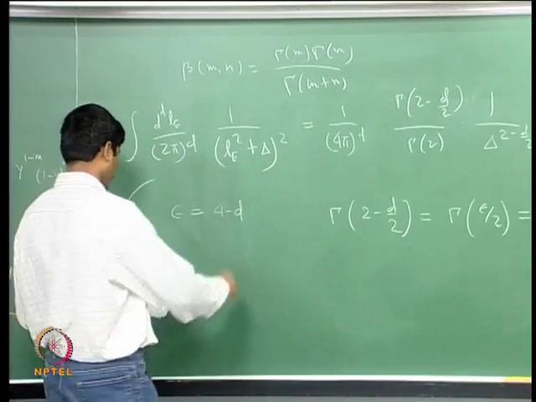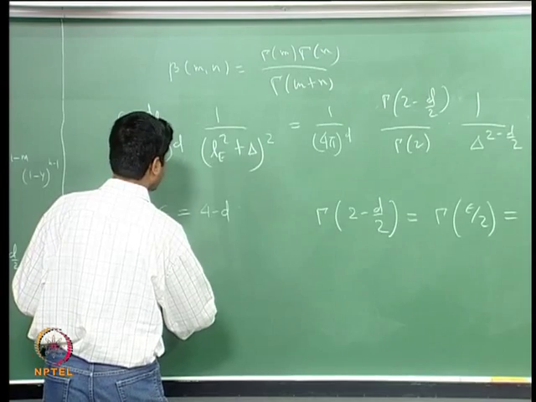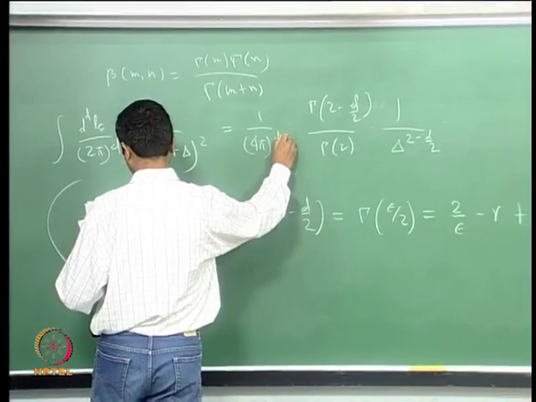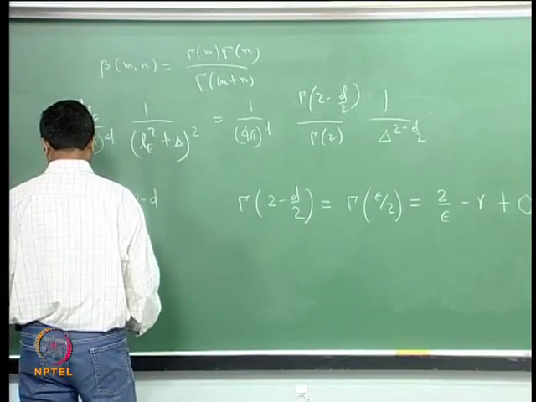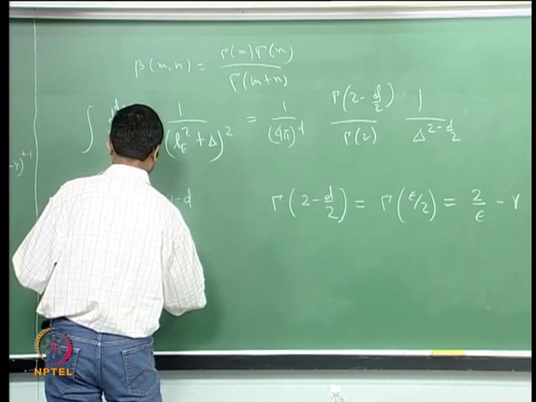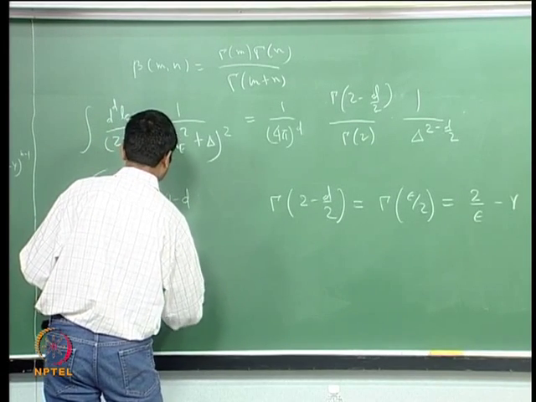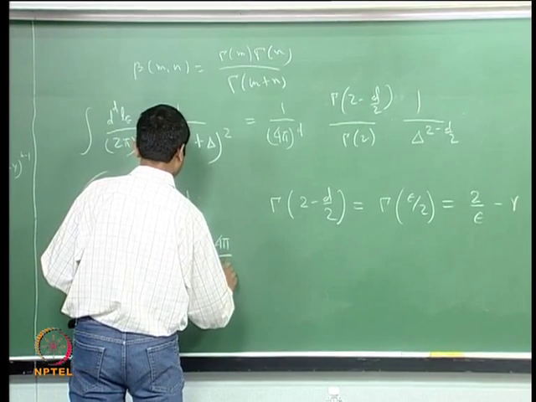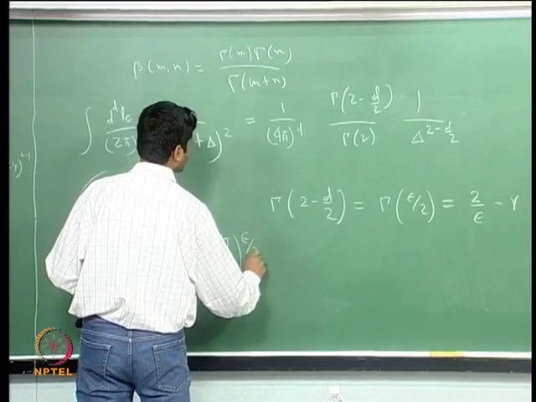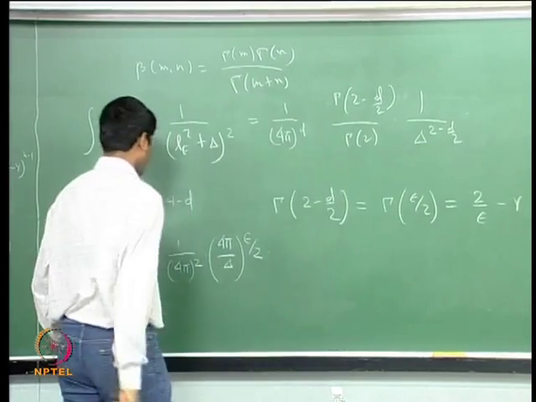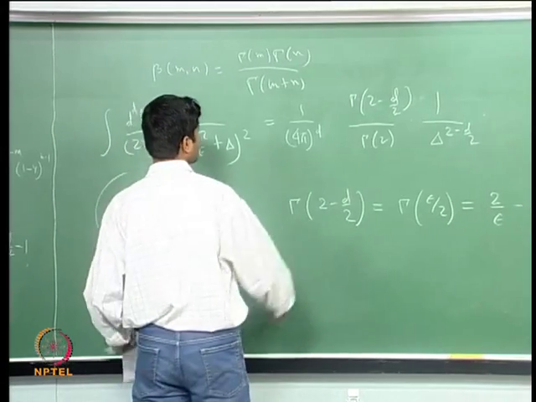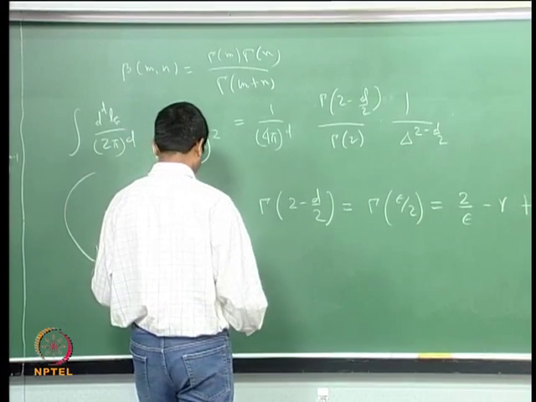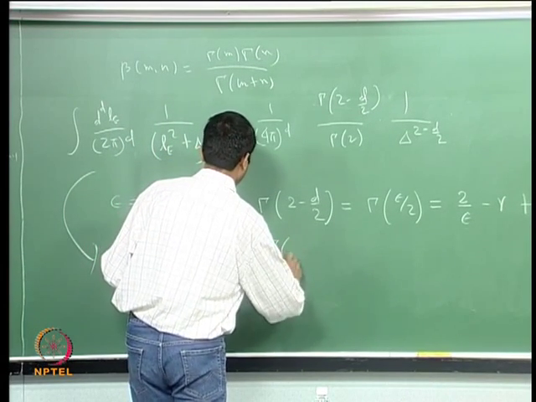This basically becomes gamma 2 is 1, and I will write here 1 over 4 pi square times 4 pi divided by delta to the power epsilon by 2 to combine this term and this term, and finally, this one here will give me gamma of epsilon by 2.